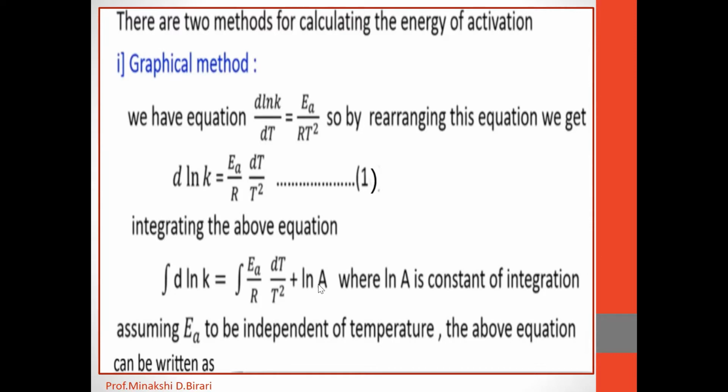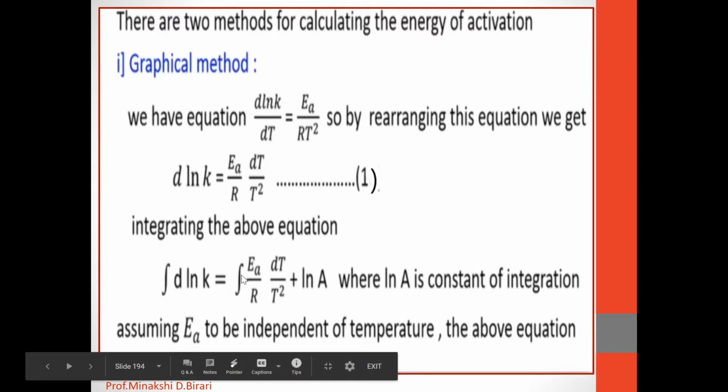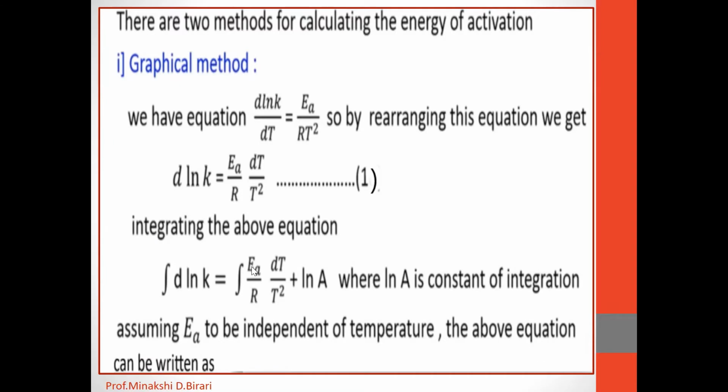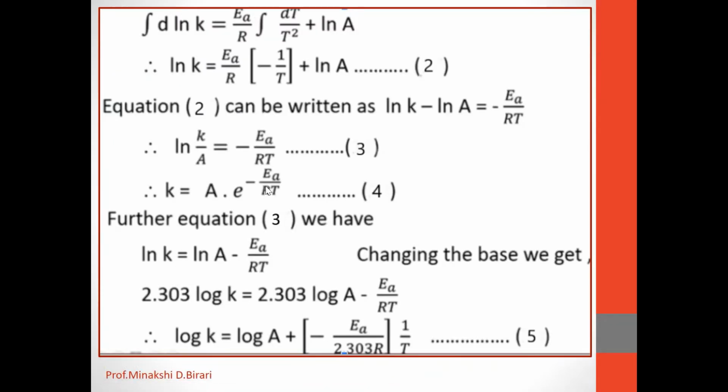Then assuming EA, the energy of activation, to be independent of temperature, we can write integration of d ln k is equal to EA upon R integration of dT upon T square plus ln A. Therefore, integration of d ln k gives ln k is equal to EA upon R in bracket, integration of dT upon T square, which is minus 1 upon T, plus ln A. ln A is the constant of integration. We can give this equation number 2.